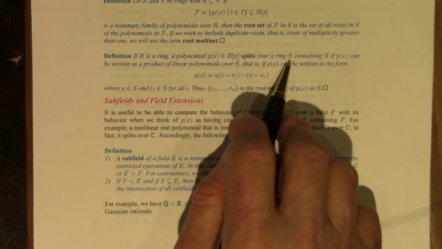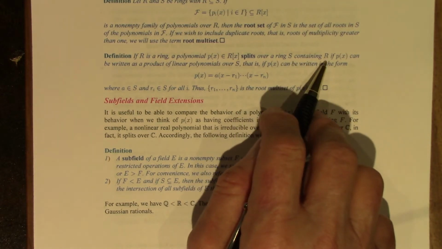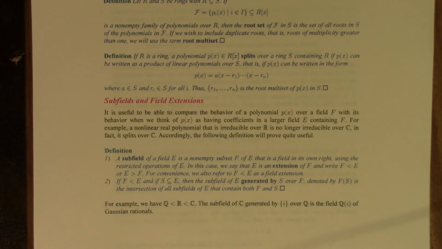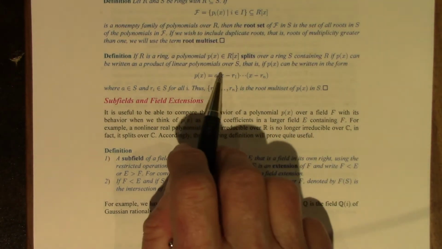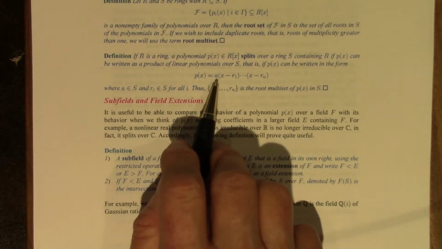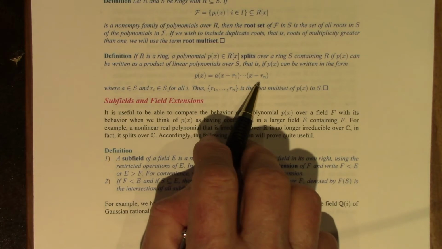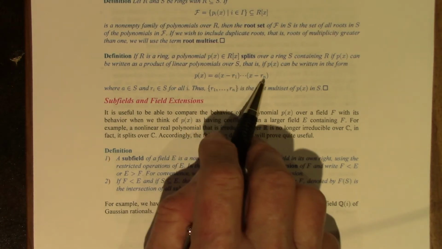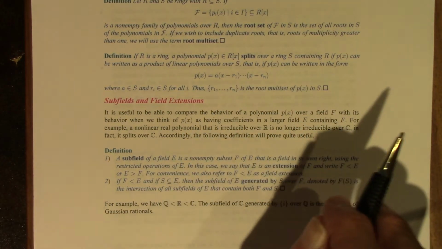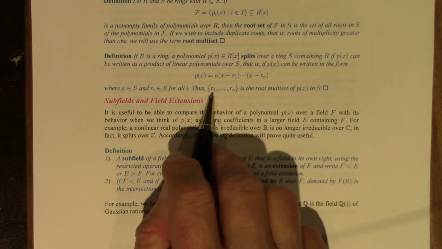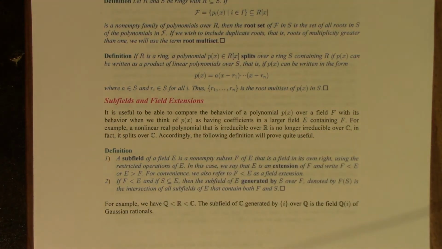It splits over a ring S containing R if p(x) can be written as a product of linear polynomials over S. So that product would look like this: a constant in S times some linear factors where the coefficients are in S. And this set then, r1 through rn, is the root multiset of p(x) in S.